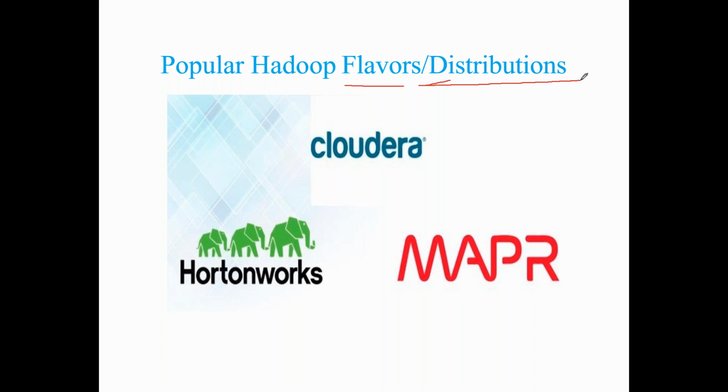So these are the flavors or distributions of mobile operating systems such as Android and iOS. Similarly, in Hadoop we also have different flavors and distributions. They are Cloudera, Hortonworks, and MapR. Today I will walk you through the detailed steps of how to set up the Cloudera distribution of Hadoop on your laptop.